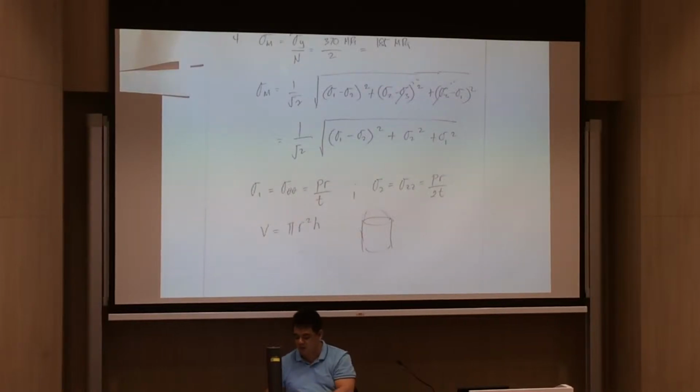But to make it simple, we're going to consider a right cylinder. This one definitely will benefit your cylinder, that spherical end there. But for simplicity, we just consider a right cylinder.